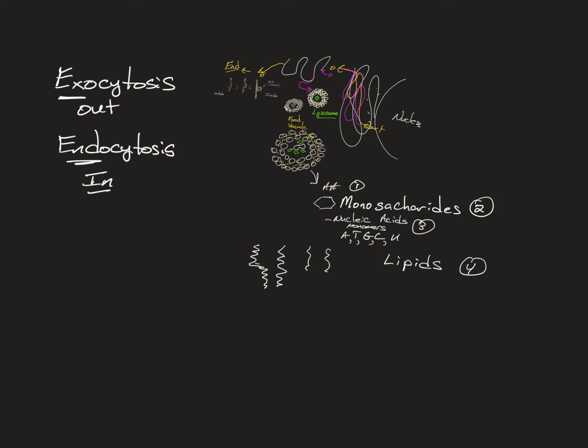Just like we transport things in the real world, out here in the big world, we transport things in containers, right? In shipping crates and stuff. Well, your cell does it in these vesicles. Whether they're going into the cell or they're leaving the cell, it doesn't matter.